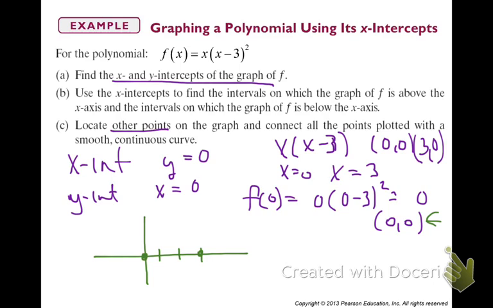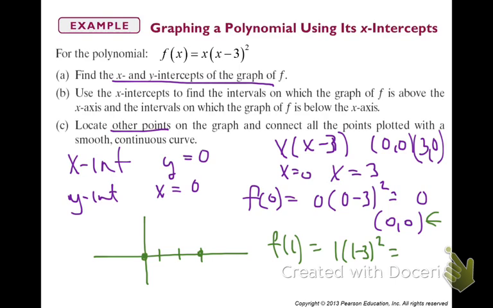Now what we're going to do is, what is this thing doing? We really don't know. Okay? So what's happening between 0 and 3? I don't know, but I can find out, right? What's happening at f of 1? That means I'm going to have 1 times 1 minus 3 squared. 1 minus 3 is negative 2.